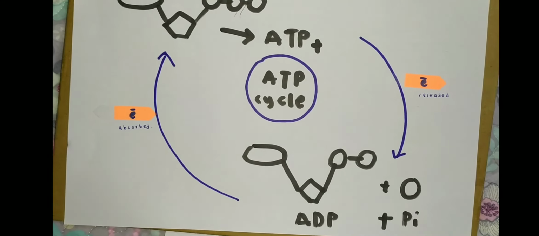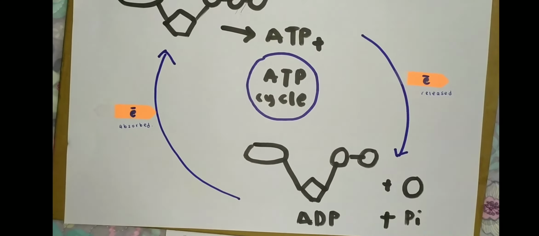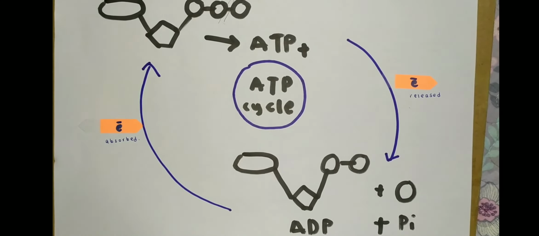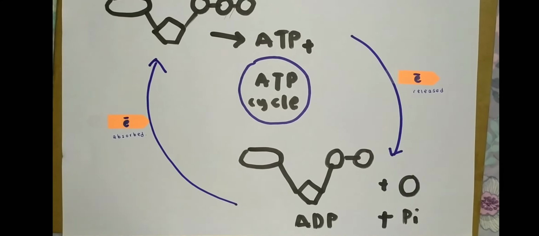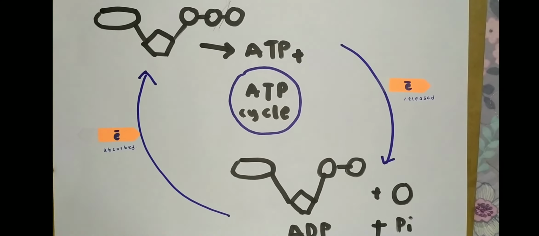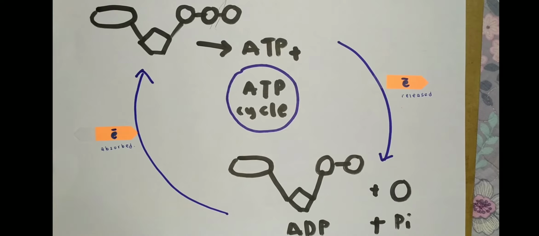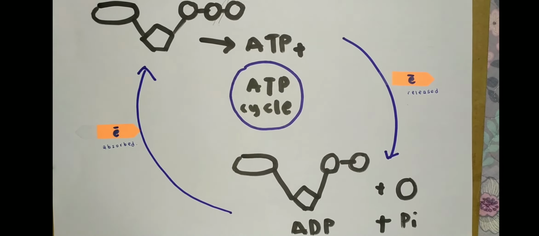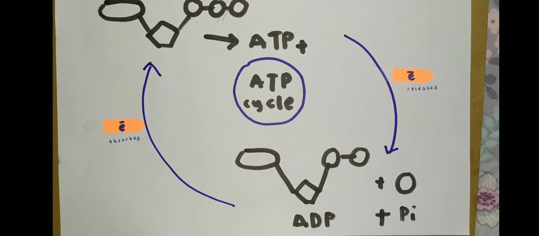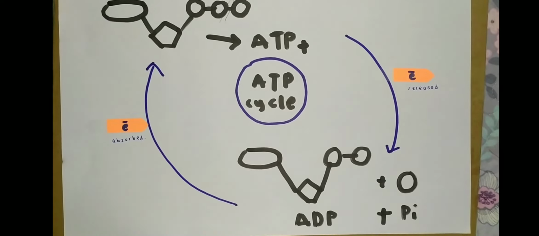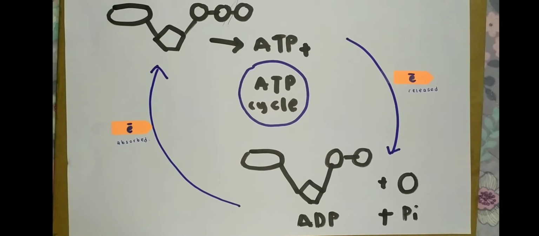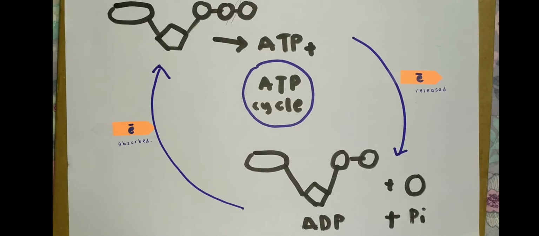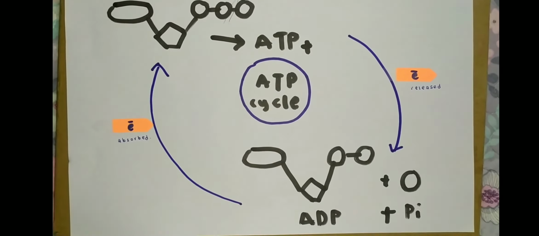ATP is one form of energy produced inside our body. Our body needs energy for a lot of things such as movement, and chemical and mechanical work in our body. Basically, energy is released when the bond of the last phosphate in ATP breaks down.